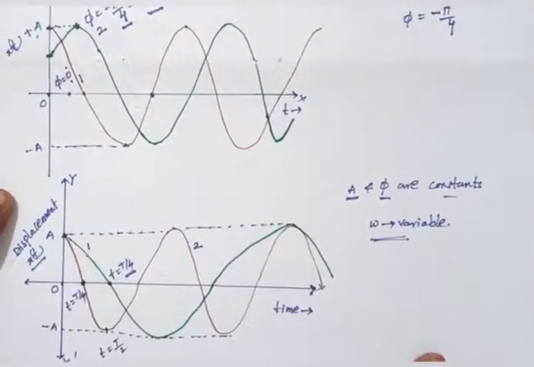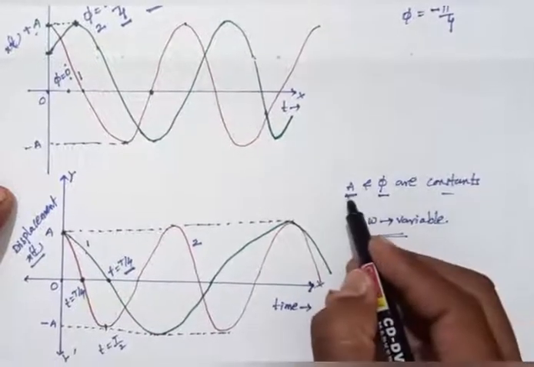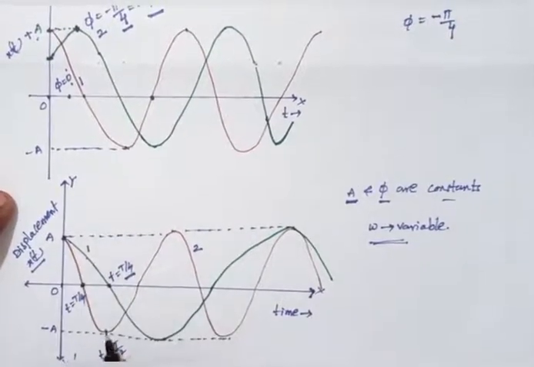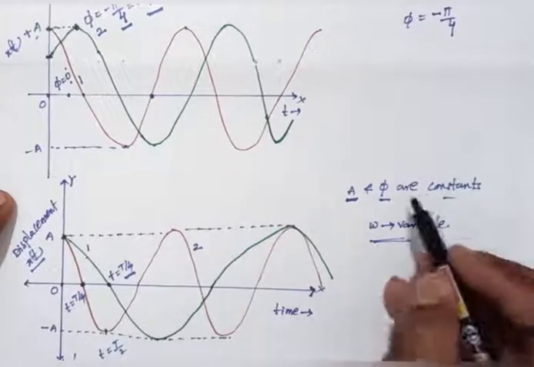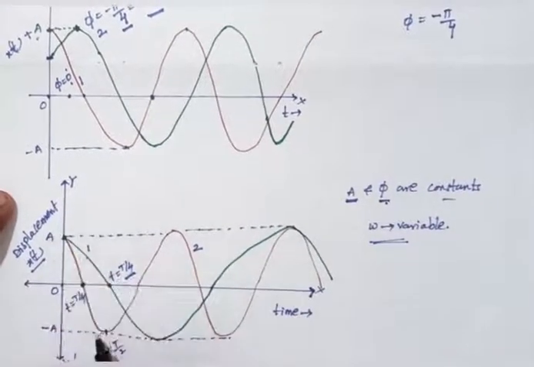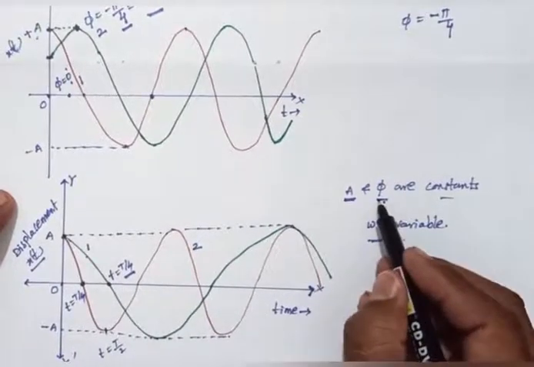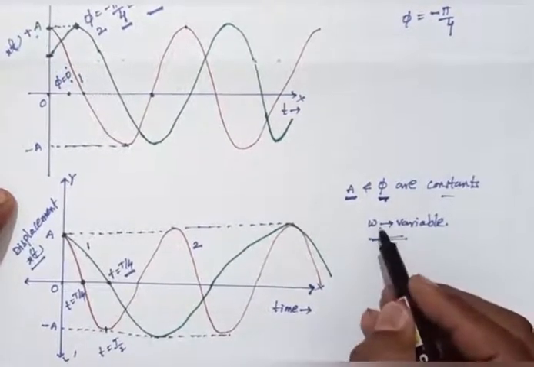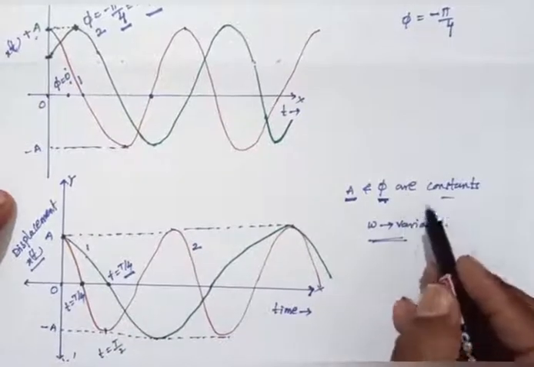Your third graph consists of two waves whose amplitudes are constant and phase constants are equal, but omega will change.